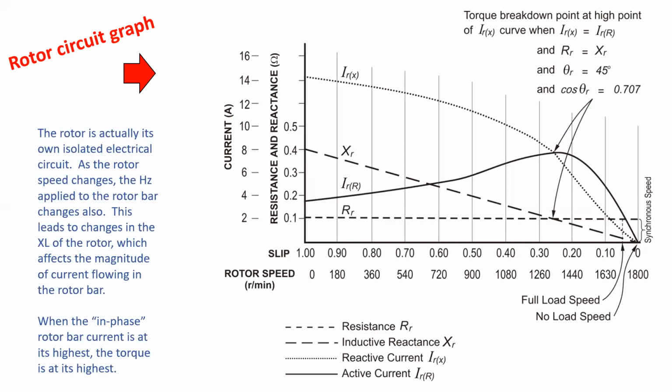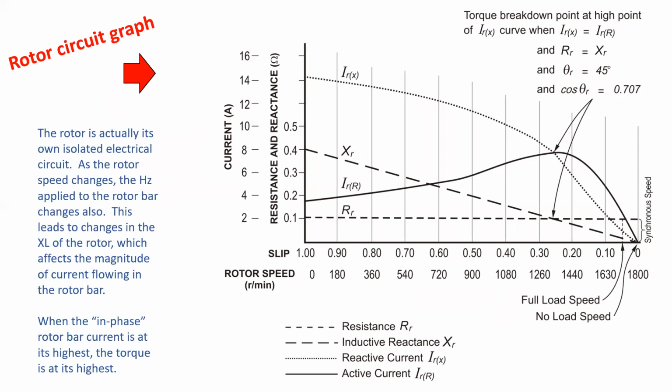Now, the rotor is actually its own isolated electrical circuit inside the motor. And as the rotor speed changes, the frequency applied to the rotor bar changes also. This leads to changes in the XL of the rotor as the rotor is increasing in speed. Well, this then has an effect on the magnitude of current flowing in the rotor bar.